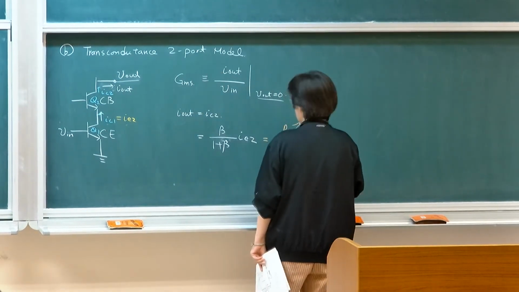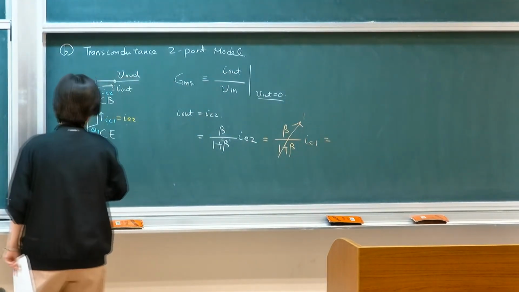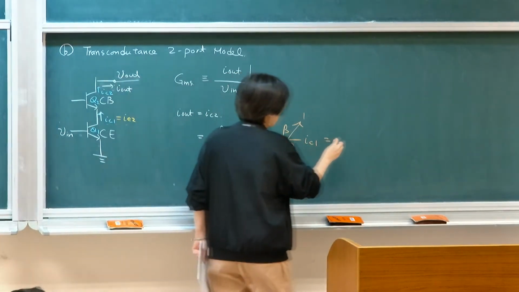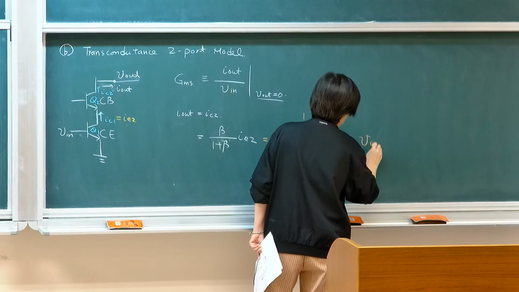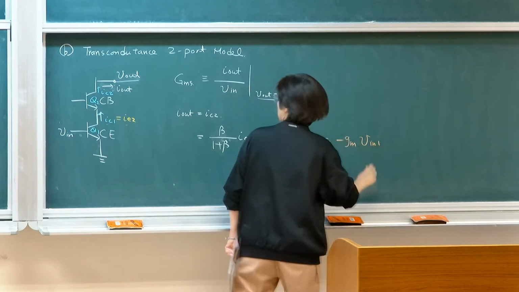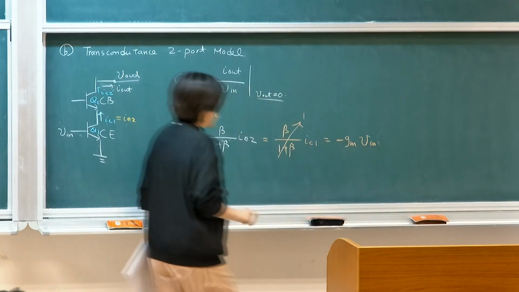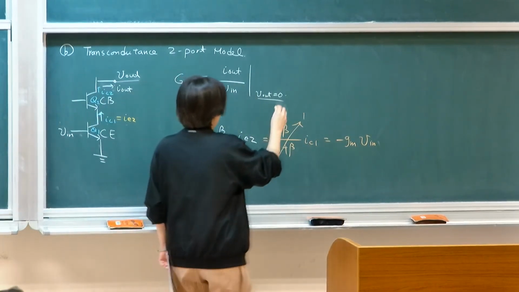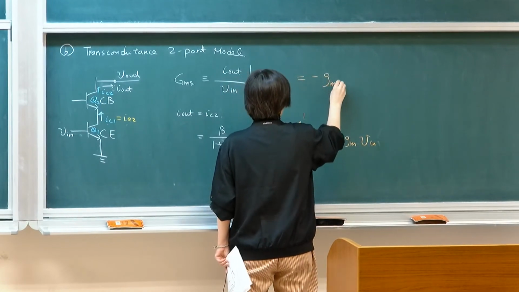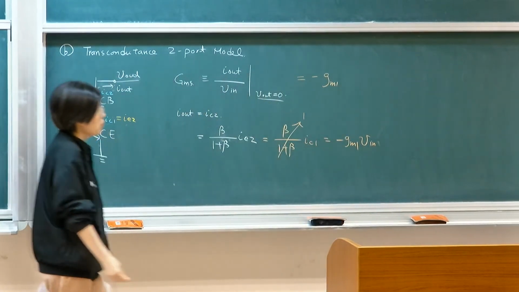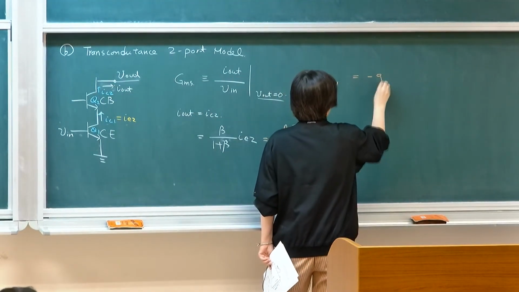So what is IC1? IC1 is modulated by the input, so IC1 is simply minus GM V in. I already know that this stage simply has a GM, GM1, and it equals GM.